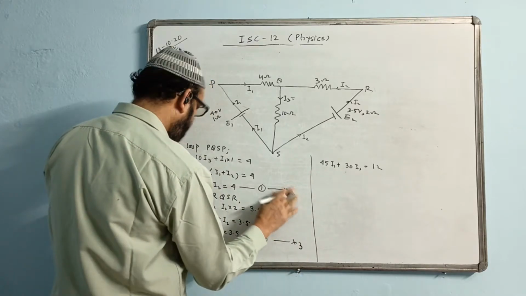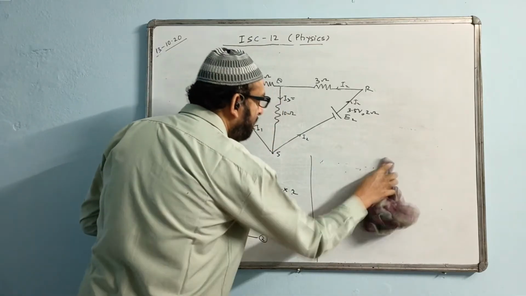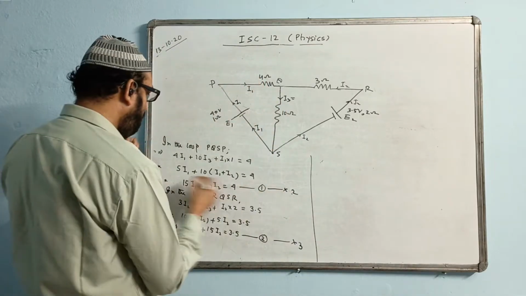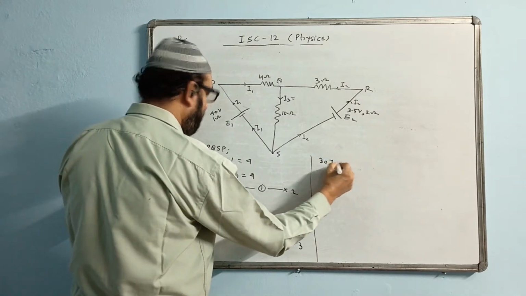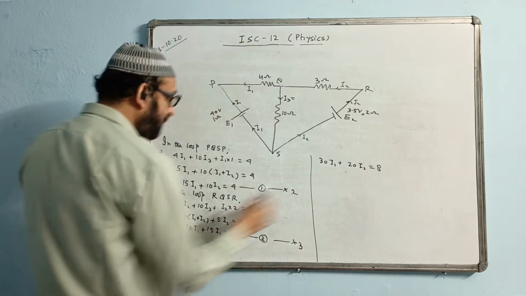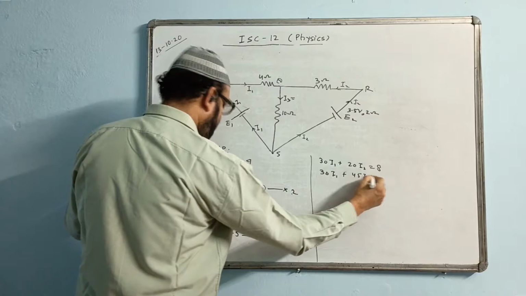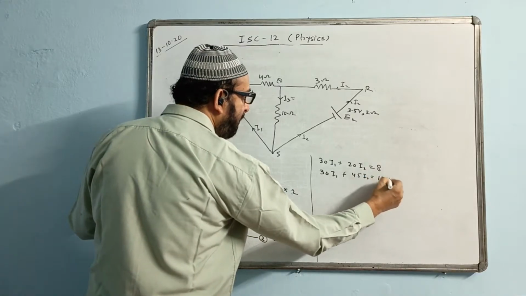It should be 3 out here and 2 over here, so a little correction please. 2 into 15 becoming 30I1 plus 20I2 is equal to 8. 3 tens are 30I1 plus 45I2, and 3.5 into 3 is 10.5.